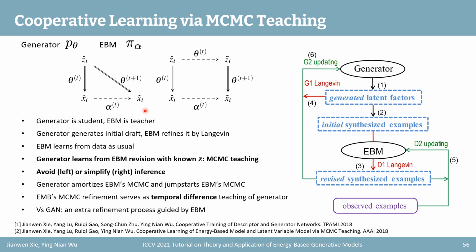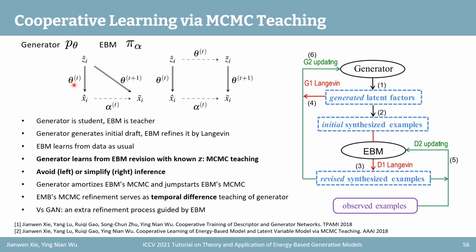And then using the synthesized examples, we can compare them with observed examples to update the parameter alpha for the EBM, right? But then how do we update the generator model? Well, you can see that this xi hat is the original draft generated by the generator model, and then it is corrected or refined by the EBM to xi tilde. So originally, this zi hat, the generated latent code or the noise vector, reconstructs xi hat, right?